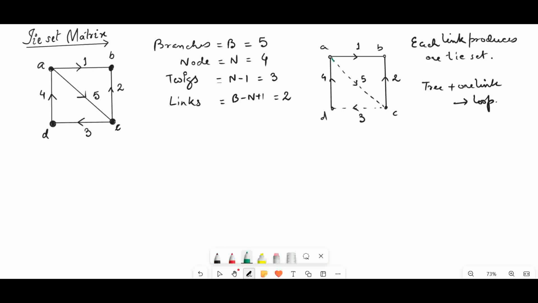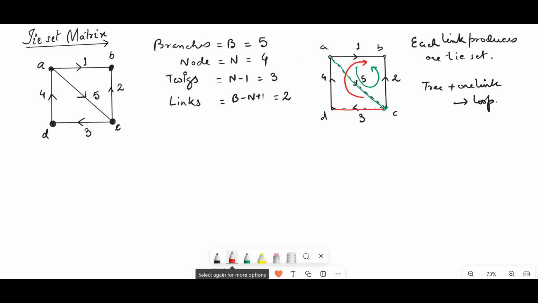If we consider branch 5 and join this, then we have a loop like this. Then if we join 3, we have a loop like this. So we have two links, so we have two loops.